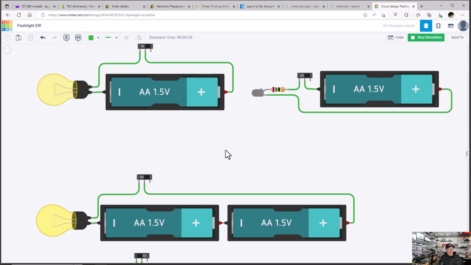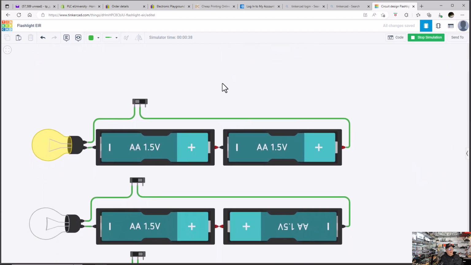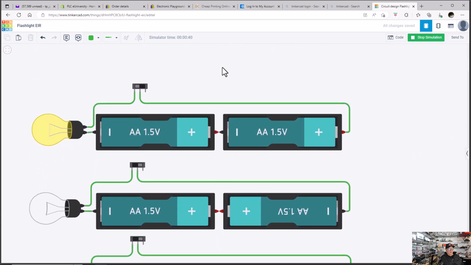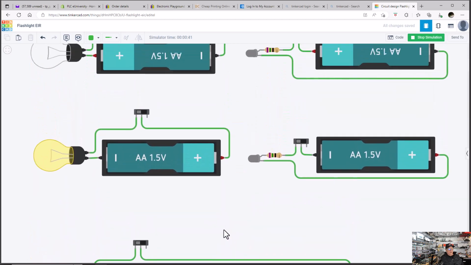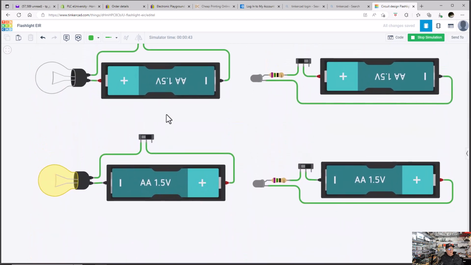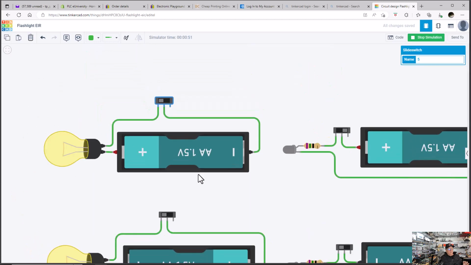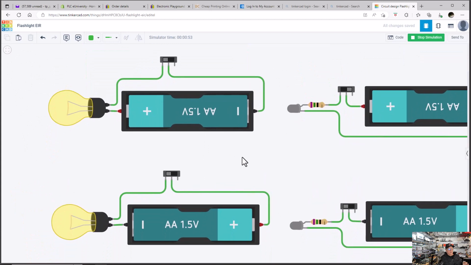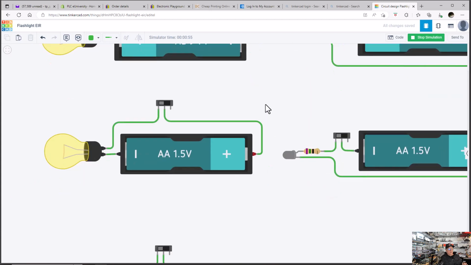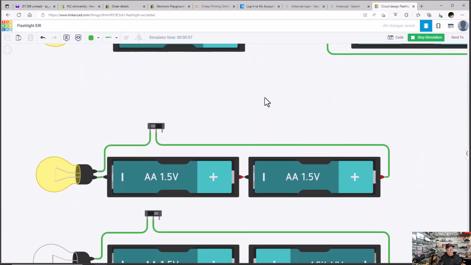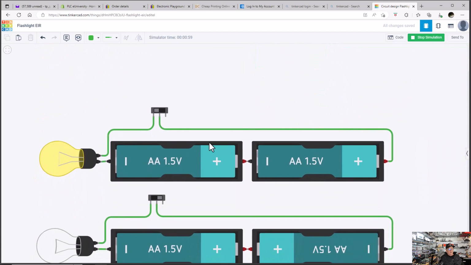Okay, now let's go down a little bit further here. Now what I've done is I've reversed, see with the incandescent here, it didn't matter which way you put the battery in electrically, either one would light the light bulb. See, they're both lit, and the batteries are opposite of each other. Now, if we go down here to the incandescent with two batteries, you see it's brighter.